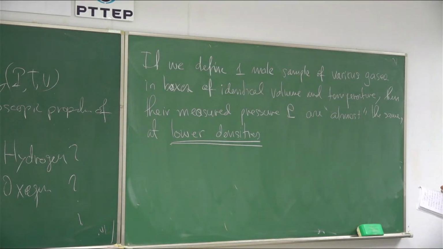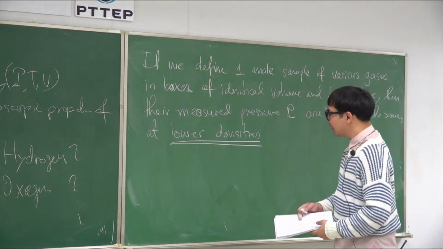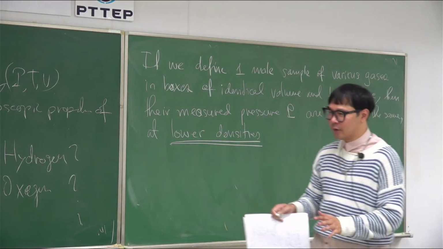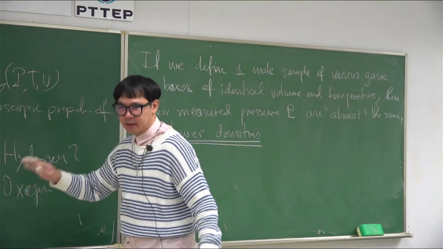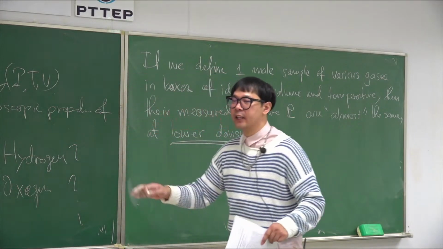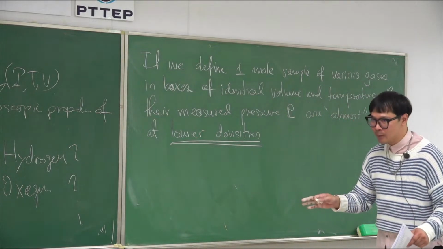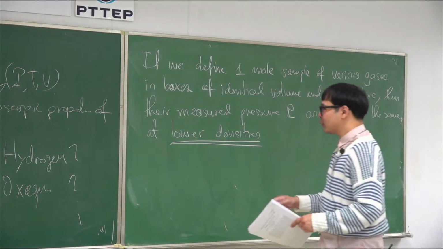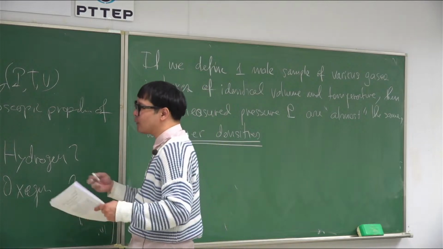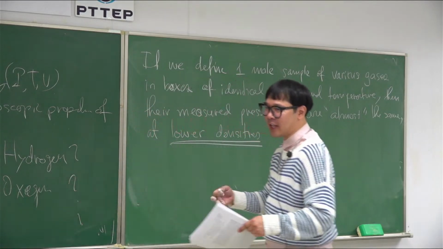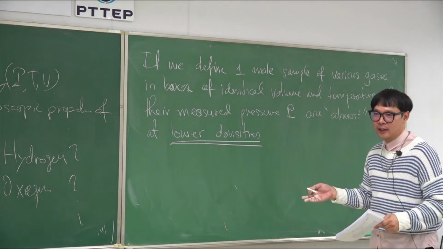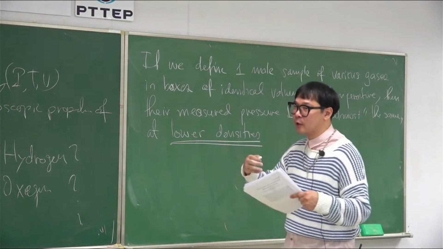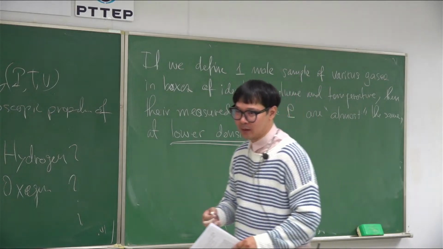Okay, this is the condition. If the density is very low, even though we have different types of gas in different boxes, the behavior is all more or less the same. That's the kind of thing. It means that the interaction between the gases is what gives us something different, right? In very low density, interaction is very rare to happen.